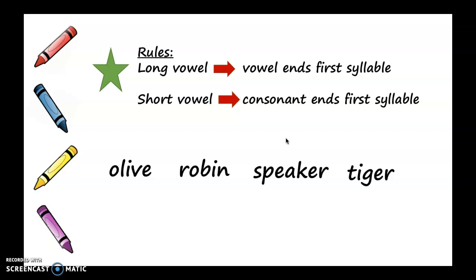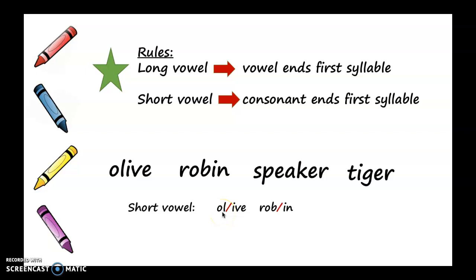Ready? Here we go. How'd you do, guys? If you said the short vowels where the consonant ends the first syllable with olive and robin, you were correct. When I hear the word olive, I hear the ah sound in olive.